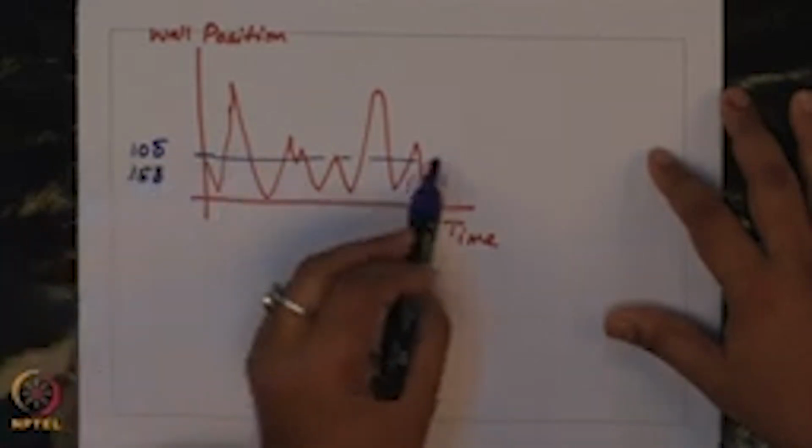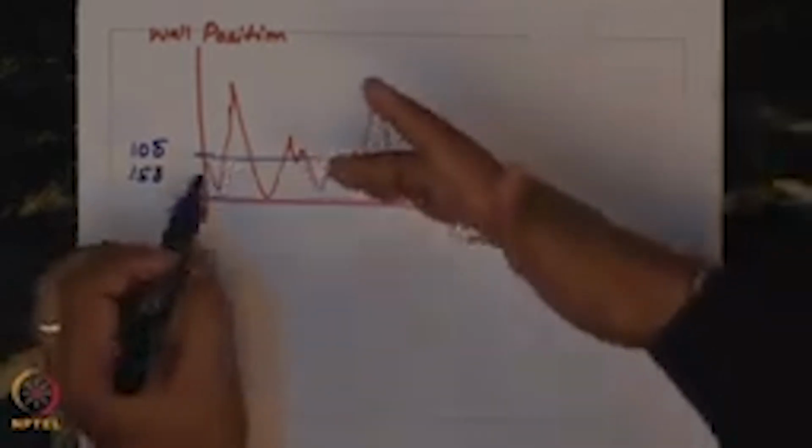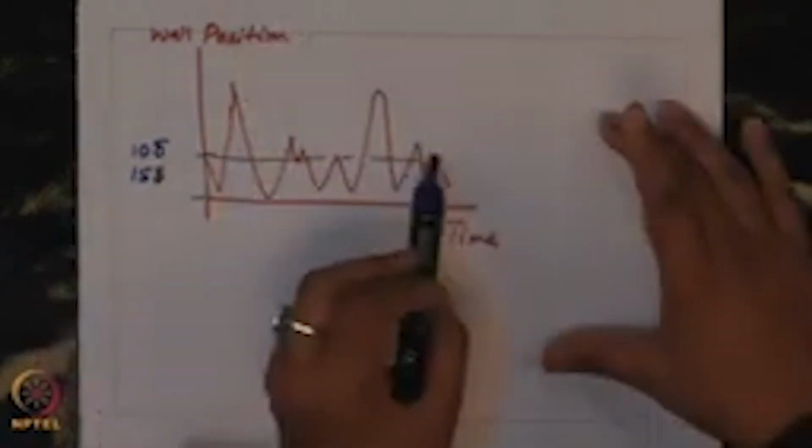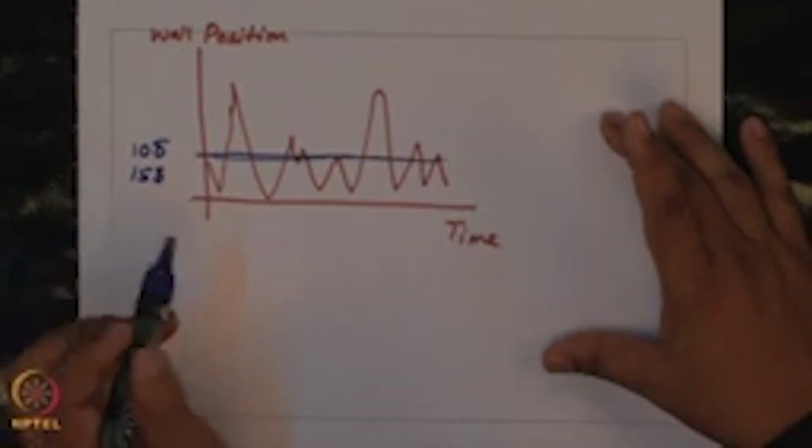You will see every once in a while the position of the wall is much beyond this distance at which branching is triggered.